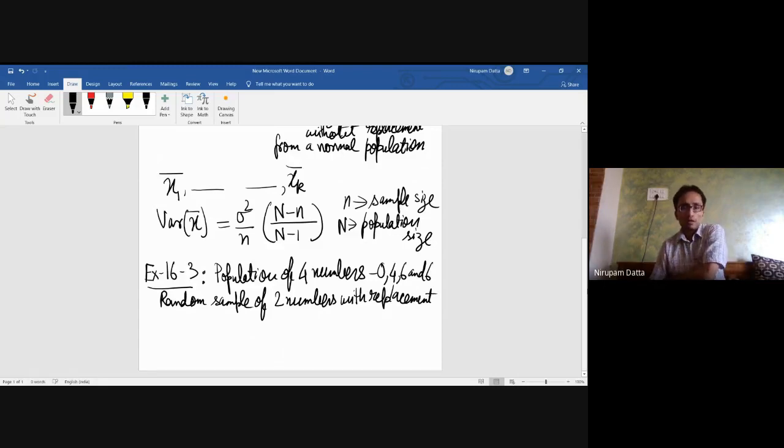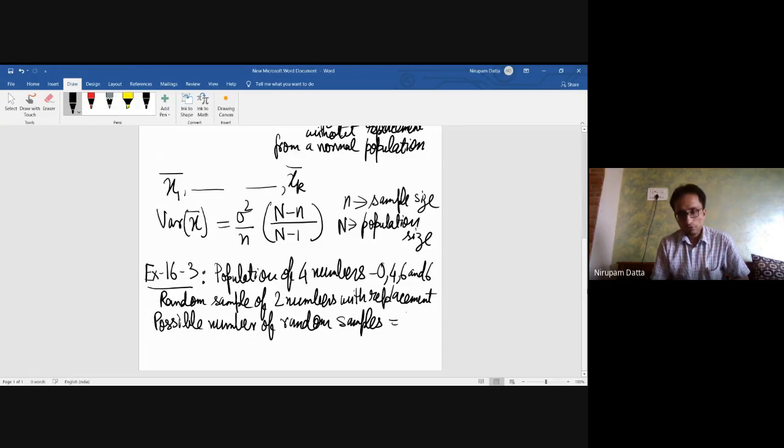So what is the possible number of samples? You can draw the first number from any of these 4 numbers. After you have drawn the first number, you replace it back into the population, and again you will have 4 numbers, so you can choose the second number from amongst these 4 numbers.